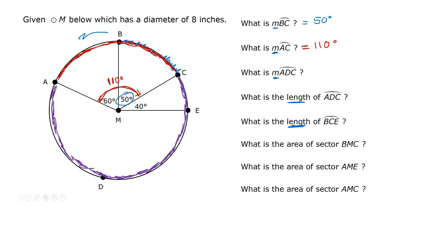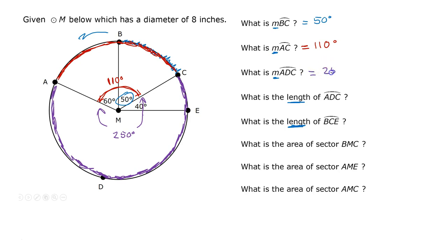And it stands to reason that the major and minor arcs together for AC here would have to total 360. So this down here should be 250 degrees. It's ADC, yes. All the way to here, 250 degrees. So that's the measurement of arc ADC.